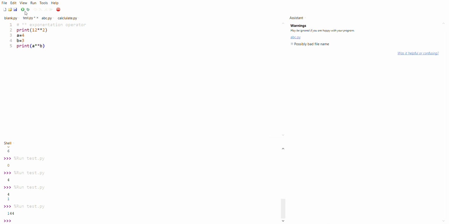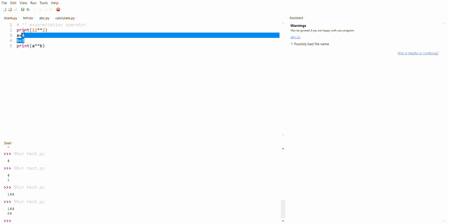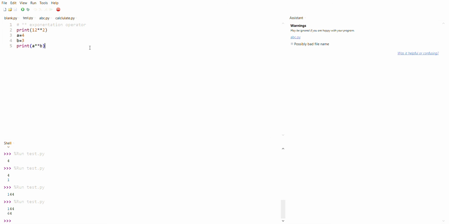On printing this, we'll get our answer 64. 4 times 4 is 16, 16 times 4 equals 64. So 4 cube is equal to 64. a to the power b simply means 4 to the power 3, or we can say 4 cube.